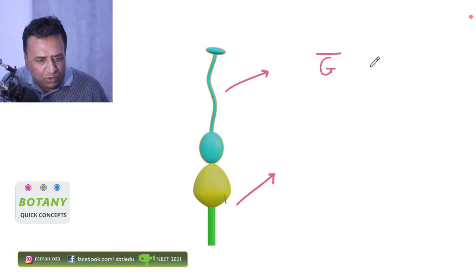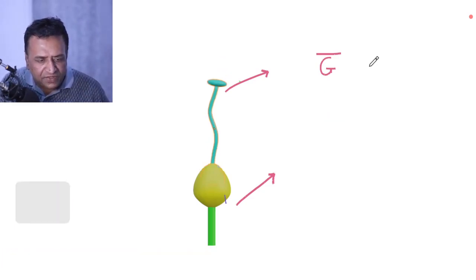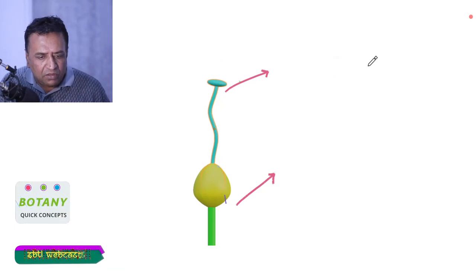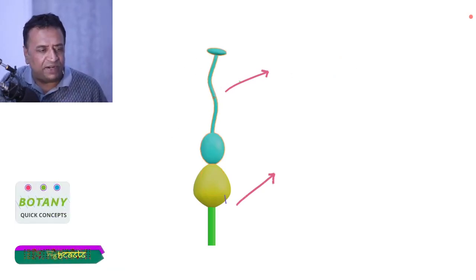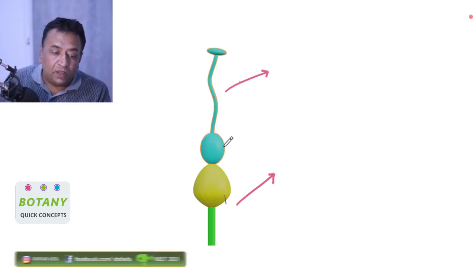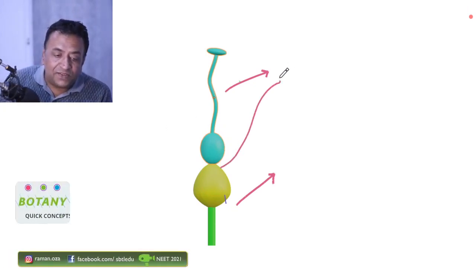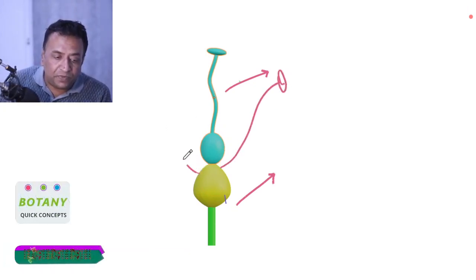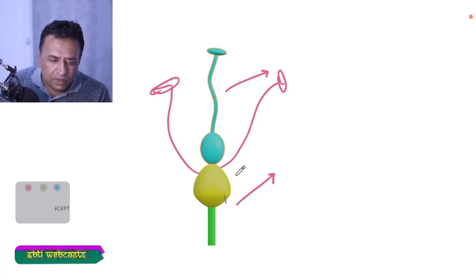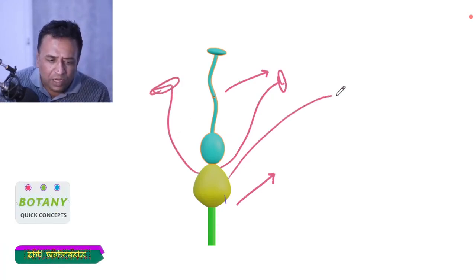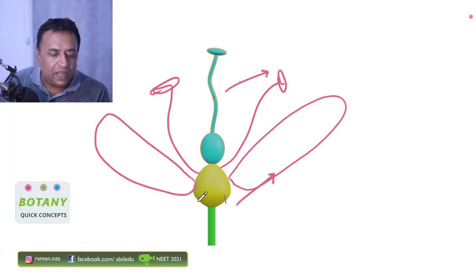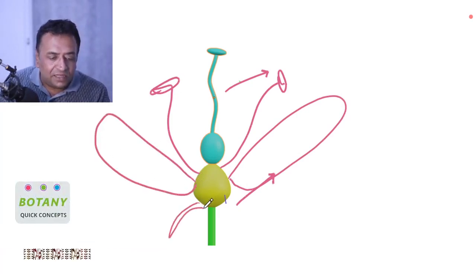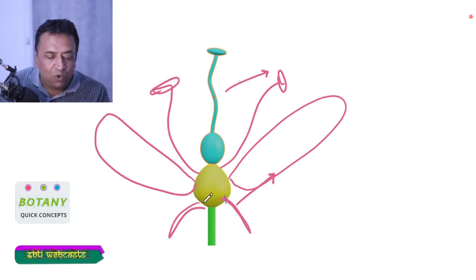All right, so in case this ovary is present at the top of the flower, then what will happen? Here, in this case, the androecium, corolla, and calyx will arise below the level of the ovary.